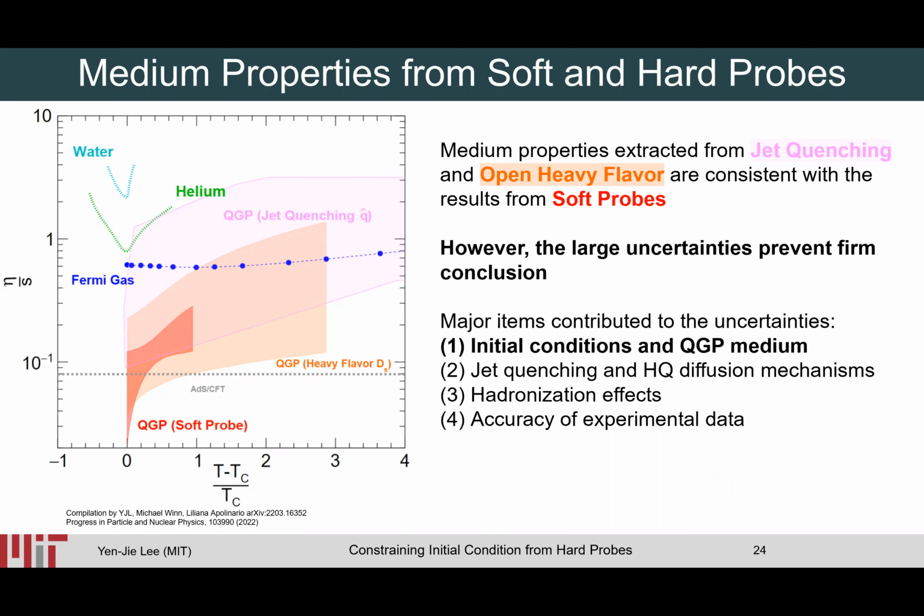That is because we have initial conditions and medium variation that contribute to the spread. Underlying mechanism and hadronization effects are not touched, but very important for the open heavy flavor. And of course, the last thing is the accuracy of the experimental data. And all those things can be improved along the way so that we can have a direct comparison between different probes.